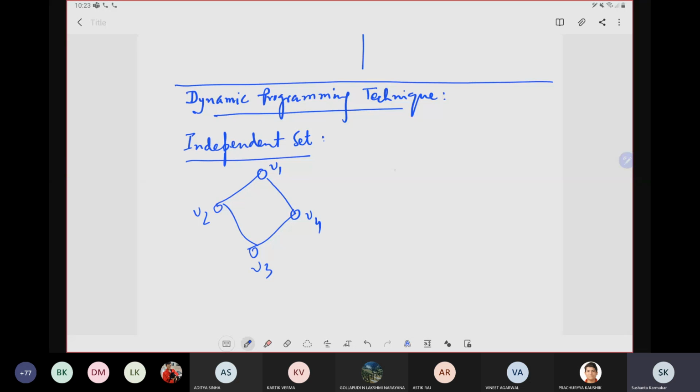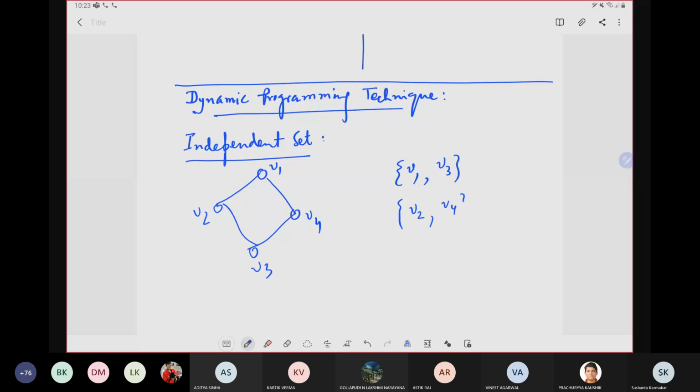If you take V1, then you cannot take V2 or V4 because they are attached to V1. So you need to take V3. This is one independent set. Another set is possible: if you take V2, then you take V4. These are the 2 sets that are possible.